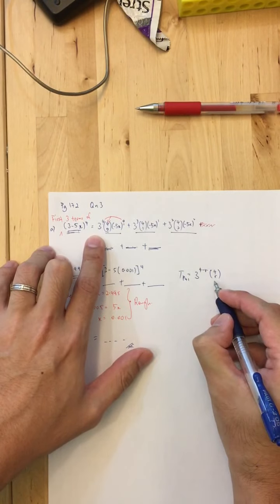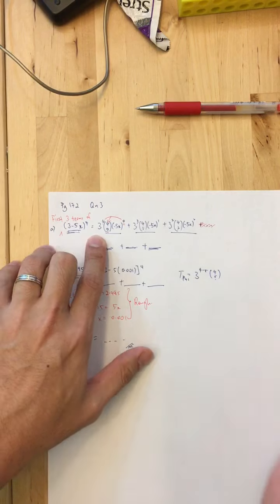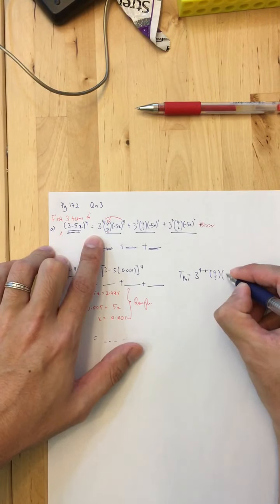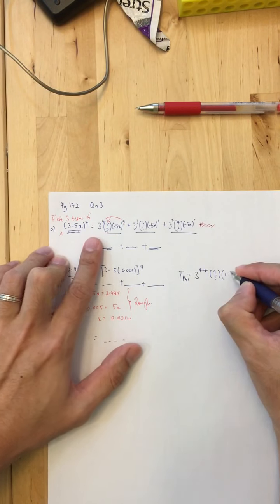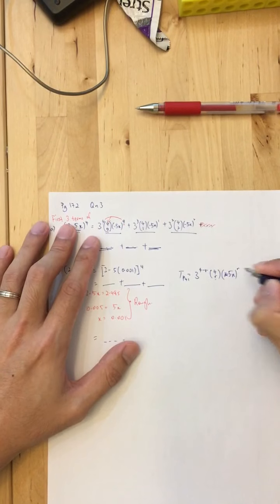Why is this r? Because it increases in order, right? So I call it r. And this also increases in order, so I call it r also. So in this case, it will be minus 5x to the power of r.